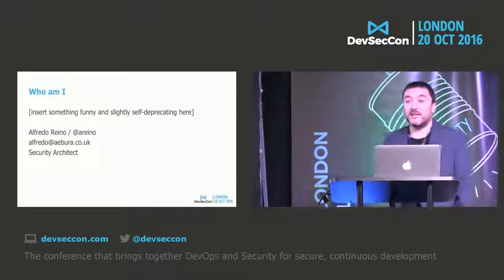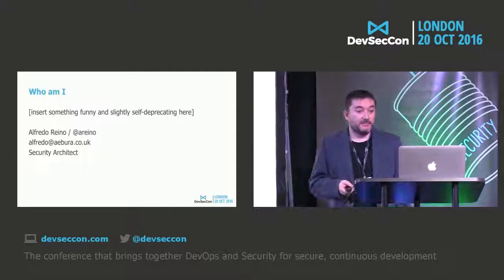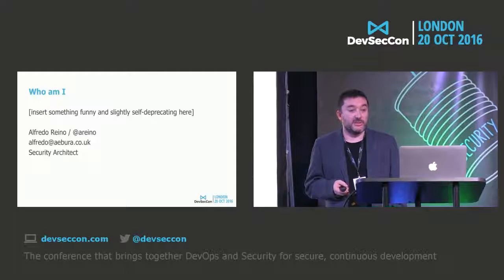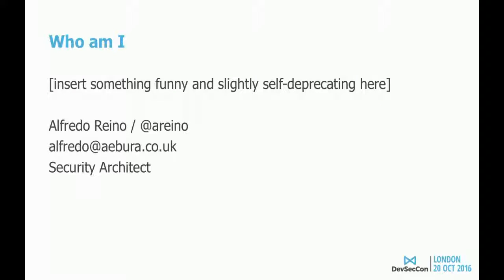As you can tell from my accent, I'm Spanish, although I live here in the UK. I've been working in information security and IT security for a few years now. That's my Twitter name and email address in case you have anything to say to me. I work as a security architect, although in the past I've done many different things.